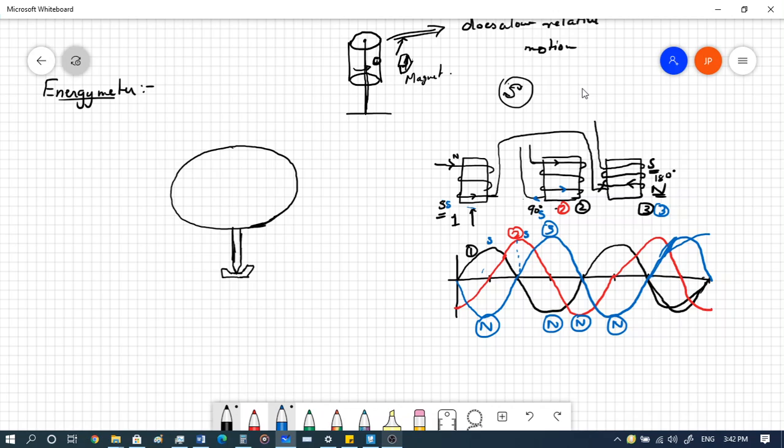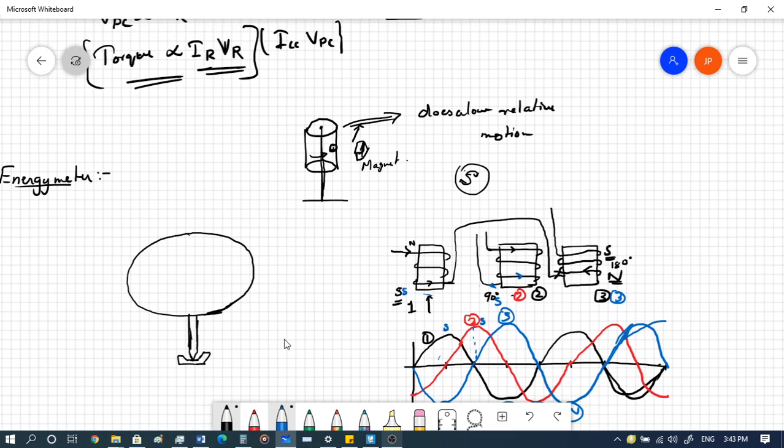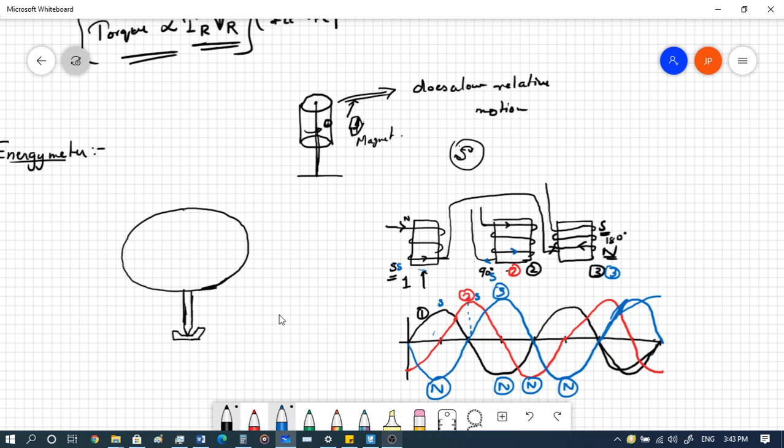Now if you look at the actual diagram, let's first look at the connections, right? So basically the 1 and 3 correspond to your current coil.